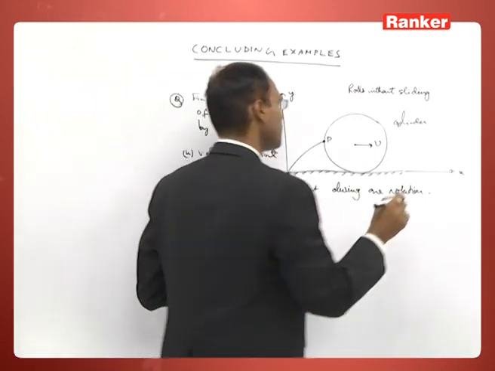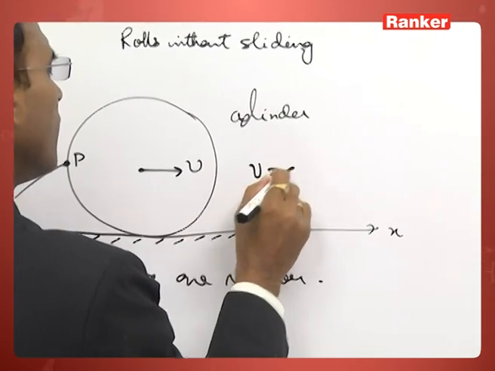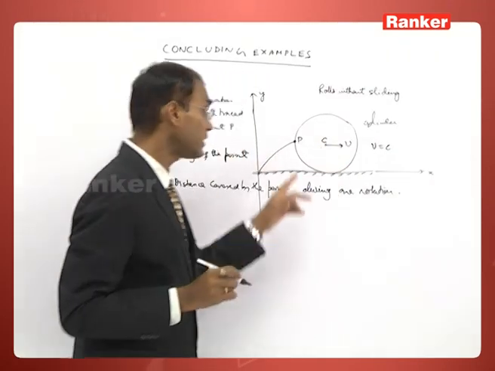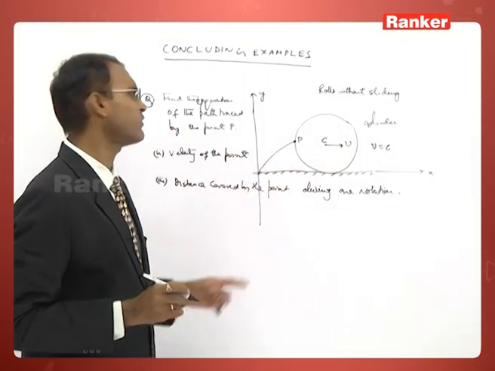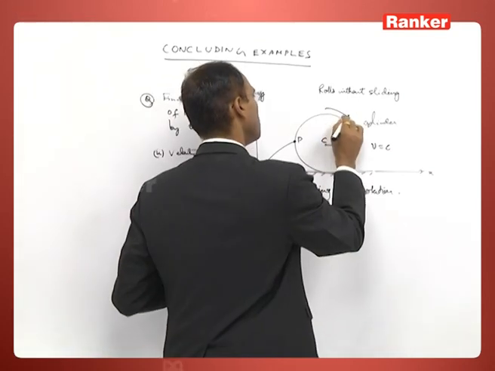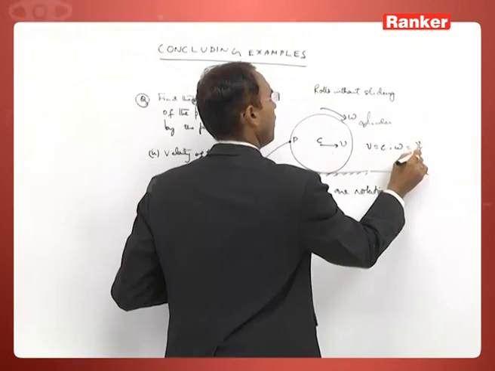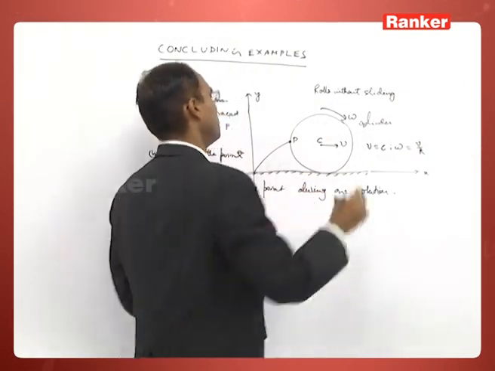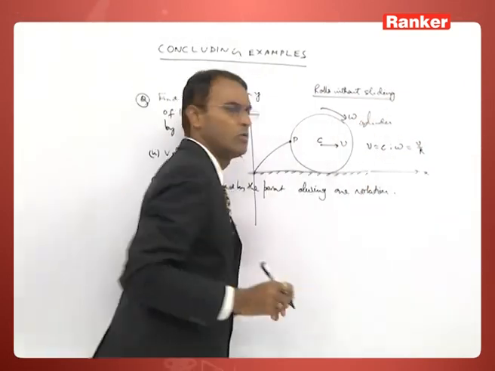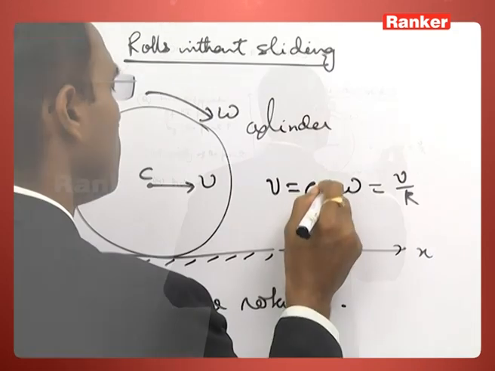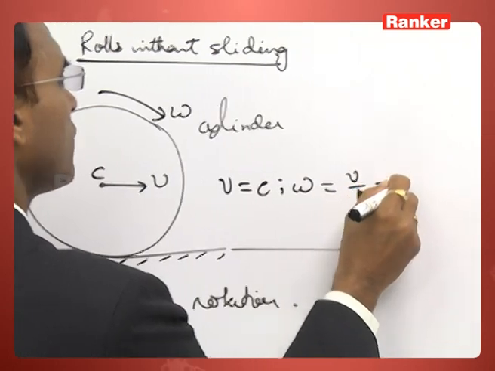But here the assumption is that velocity of the center of the cylinder or disc remains constant. Therefore, omega, which is equal to v by r, to obey the condition of your rolling, is also a constant quantity.